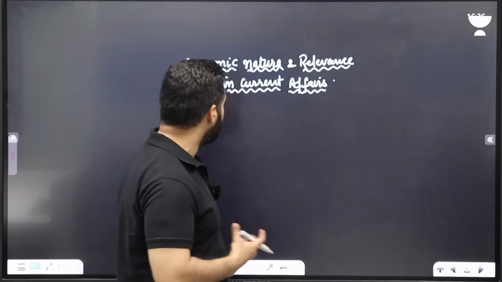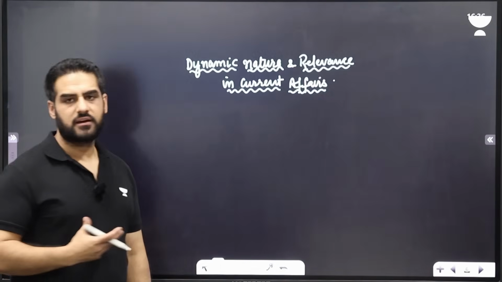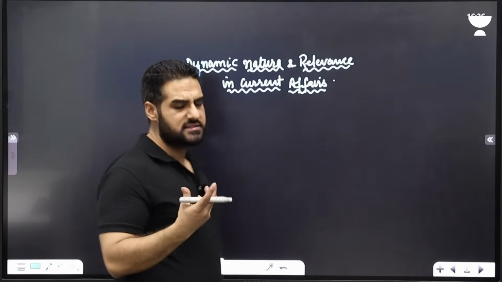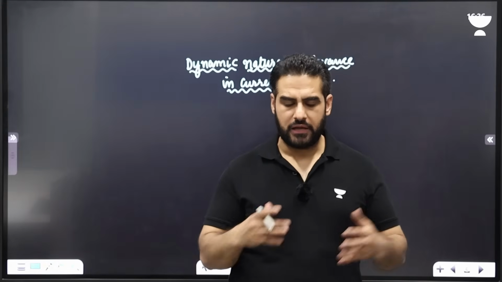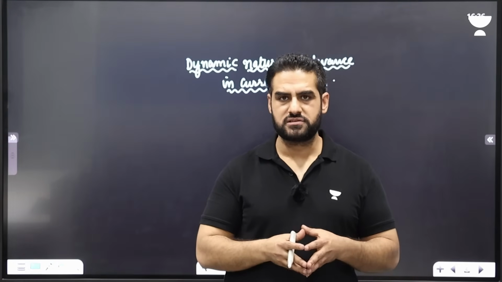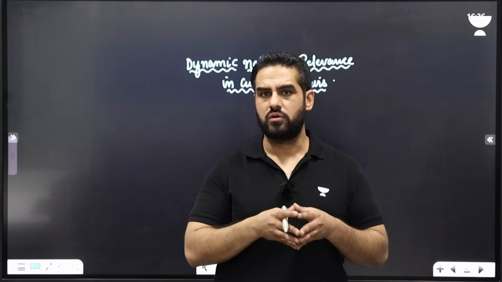Geography optional is very dynamic in nature and has relevance in the current affairs. One can easily integrate the static, dynamic along with its current affair relevance, and it will help them to score well.